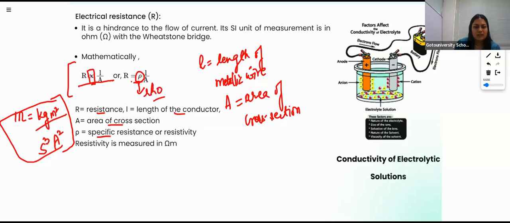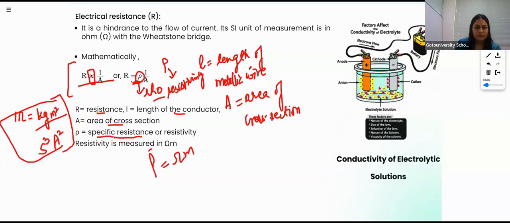It can be read as rho, the symbol is like P, right? It is termed as the resistivity constant, or say specific resistance. The unit for measuring the resistivity is ohm meter.